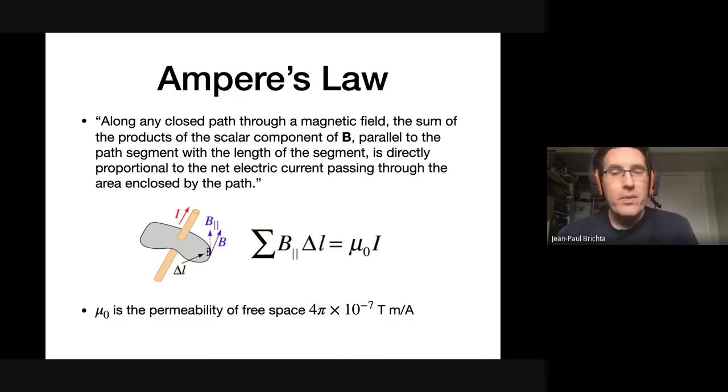Ampere is the unit of current. Tesla is the unit of magnetic field strength. And the units, although they look like a bit of a mismatch, are just to make sure that we get Teslas at the end when we're calculating our magnetic field, because magnetic field is measured in Tesla.